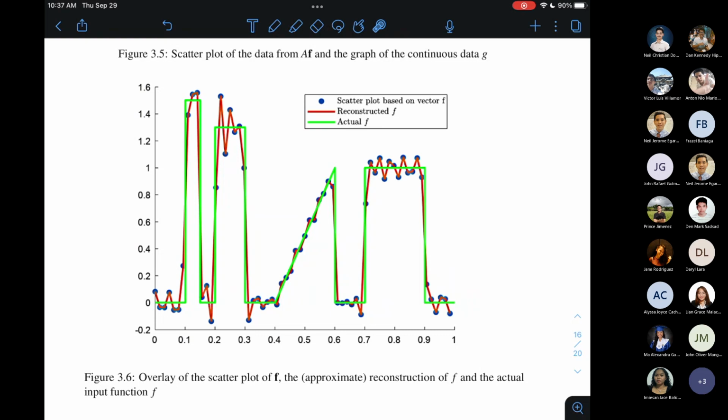Alright? Kasi di ba alam natin si F kanina, ginawa natin yung forward problem, kinumpute natin yung convolution ni psi at saka ng function f, right? Na nandun sa taas ng module. Yun yung gusto nating i-reconstruct. So in figure 3.6, I just plotted the two graphs on top of each other. So yung reconstructed f saka yung actual solution f.